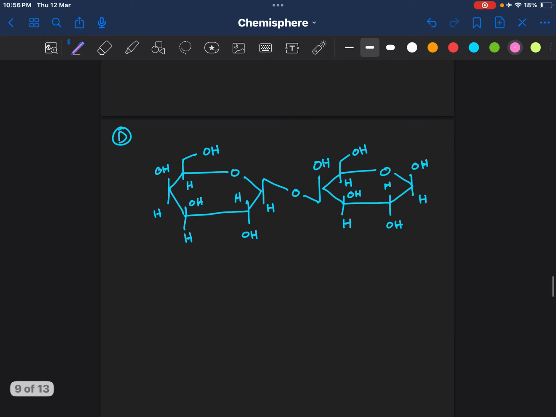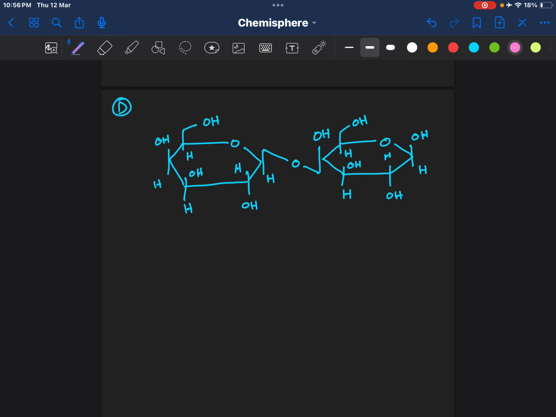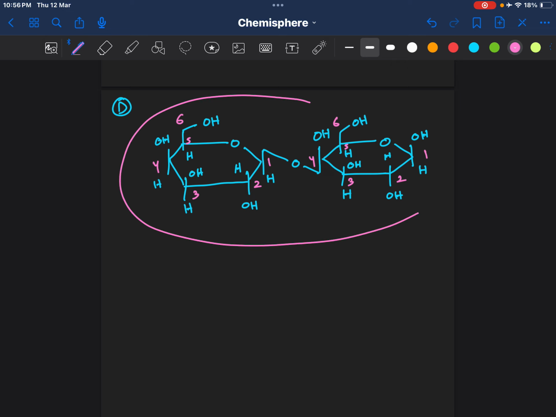Let's come to the last option. Again, let's give numbers 1 2 3 4 5 6 to each unit. In this disaccharide there are two reducing centers. One reducing center is busy forming a glycosidic linkage. This is the glycosidic linkage.